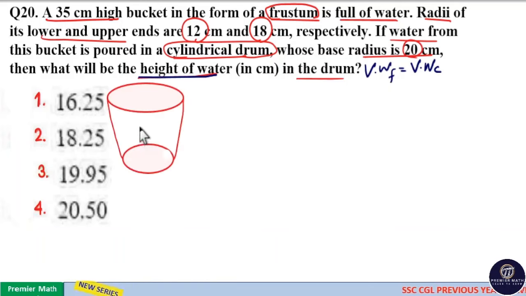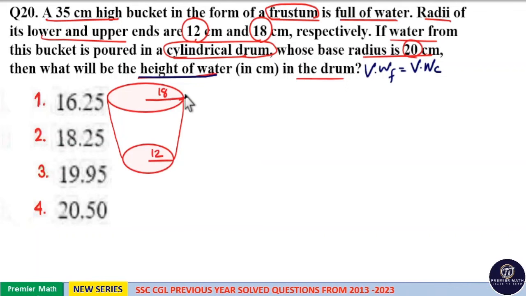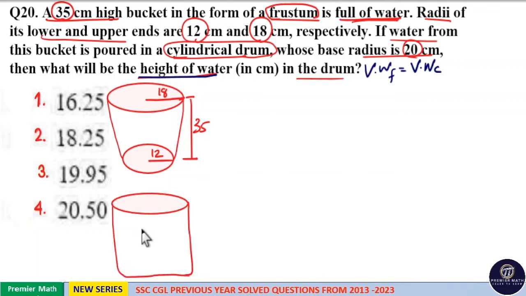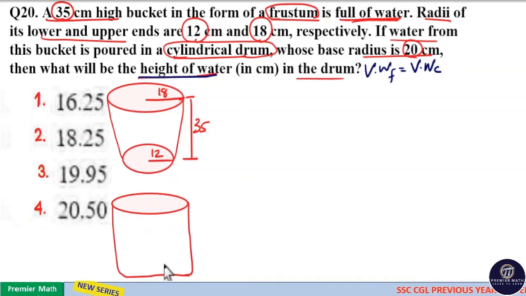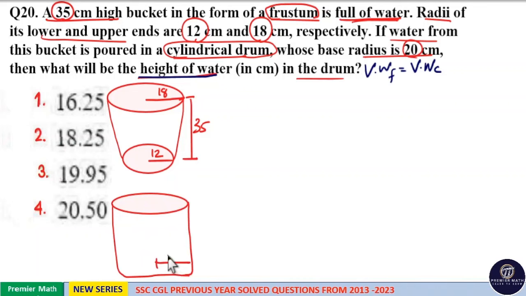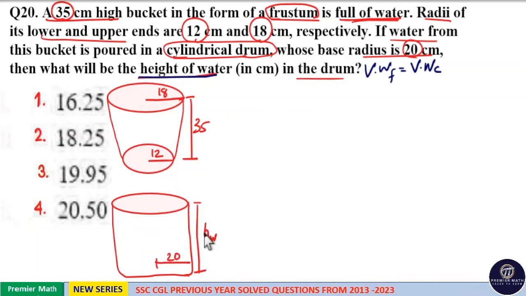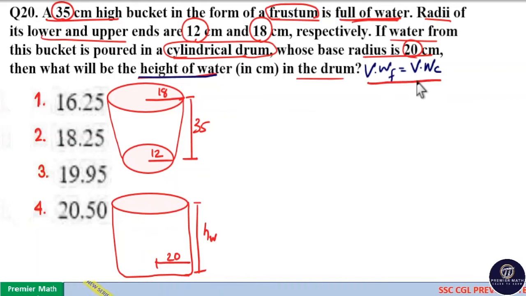That is, this is the frustum. Now, upper end radius is equal to 18 centimeter, lower end radius is equal to 12 centimeter, and here height of water in the frustum is same as height of frustum because frustum is full of water. So, height is equal to 35 centimeter. Now, here cylinder base radius is equal to 20 centimeter and height of water we can find from equating the volumes.